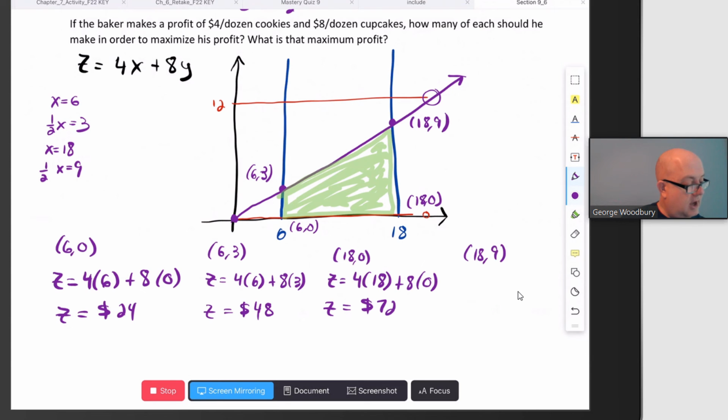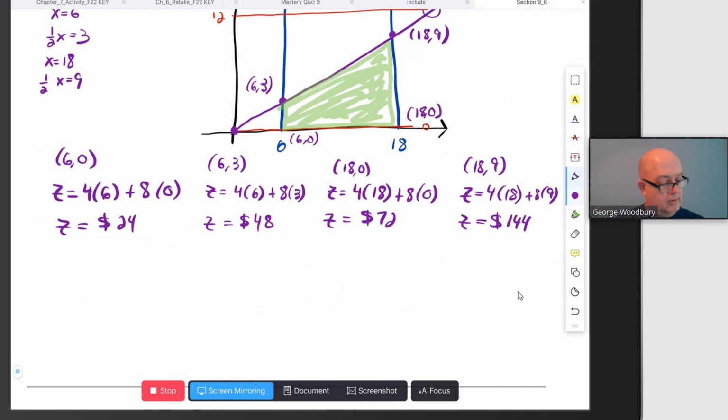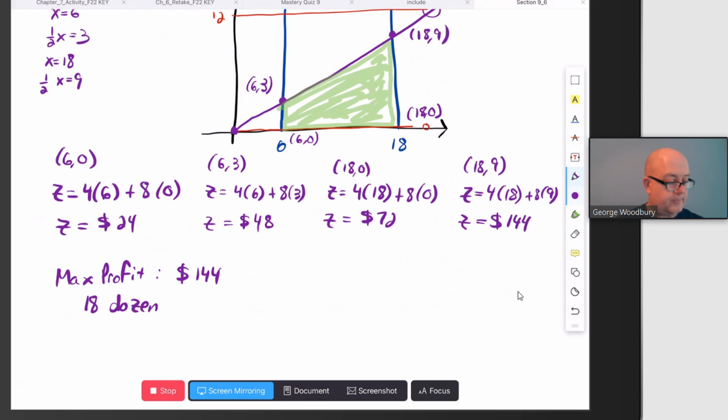For 18, 9, Z is 4 times 18, which we know is 72 already, plus 8 times 9, which is another 72. That is $144. So the maximum profit is $144 from 18 dozen cookies and 9 dozen cupcakes.